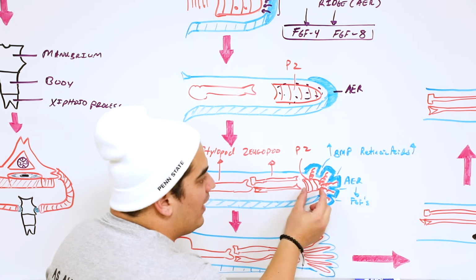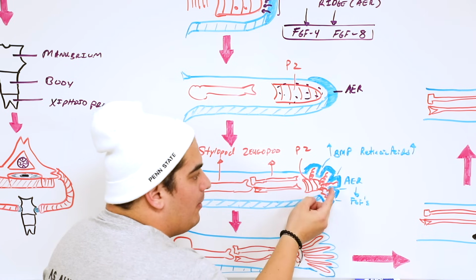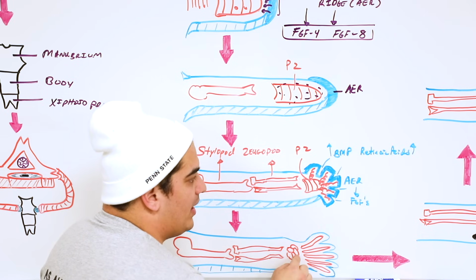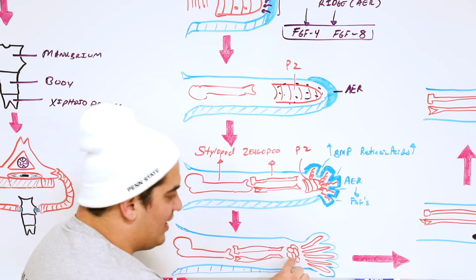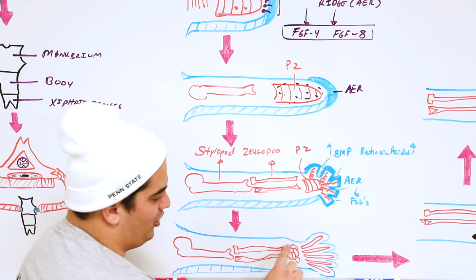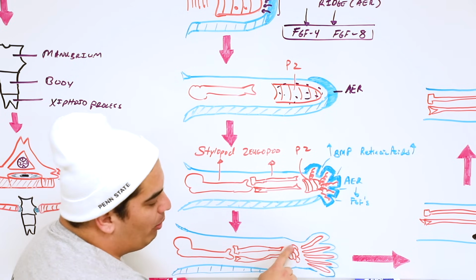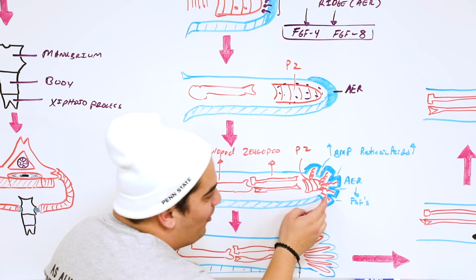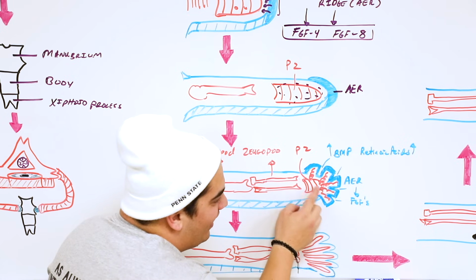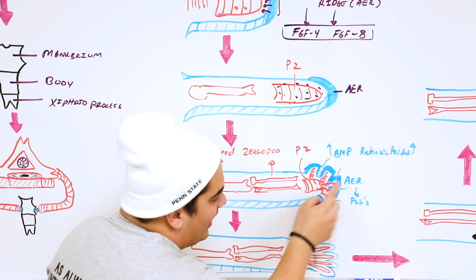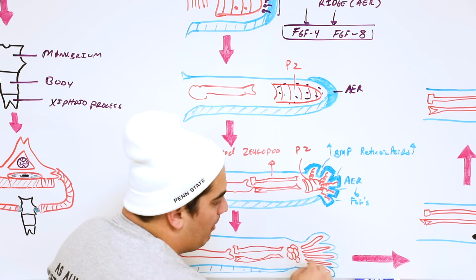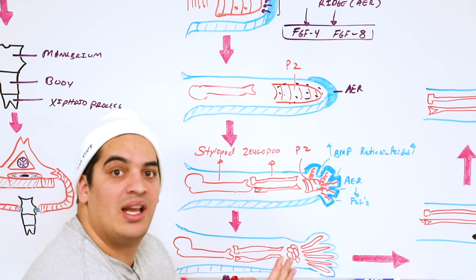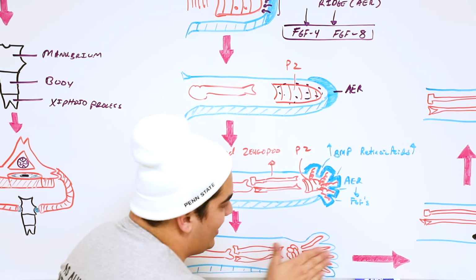What do we say? As you get farther away from the apical ectodermal ridge, what starts happening to those mesodermal cells? They differentiate into chondrocytes, then from chondrocytes into bone tissue. And now we're going to have the carpal bones. Then from there, what else is going to happen? Then this progress zone infiltrates into these little digital components. And that is going to start making your metacarpals and your phalanges that are going to extend into this.